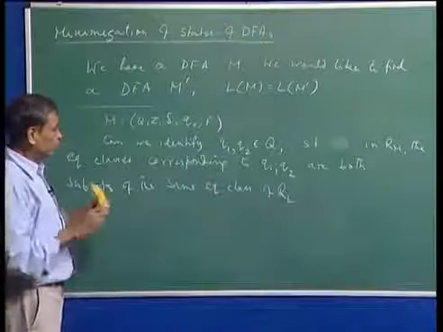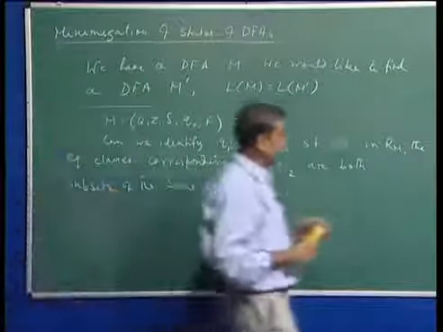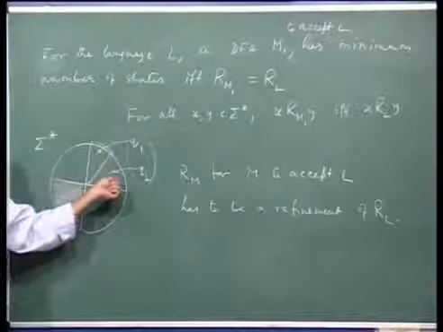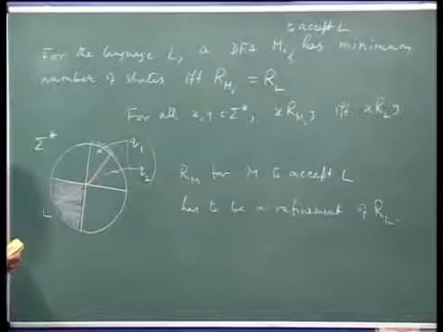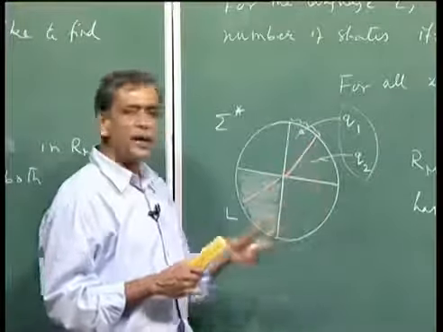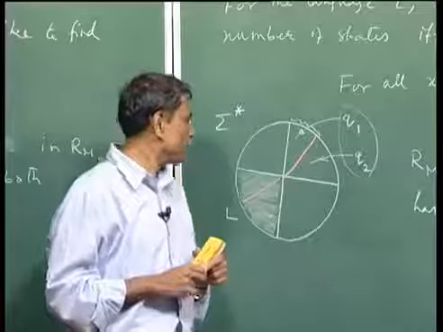So, this is Q1, this is Q2, and intuitively we see that we can merge these two states and thereby improve the number of states.